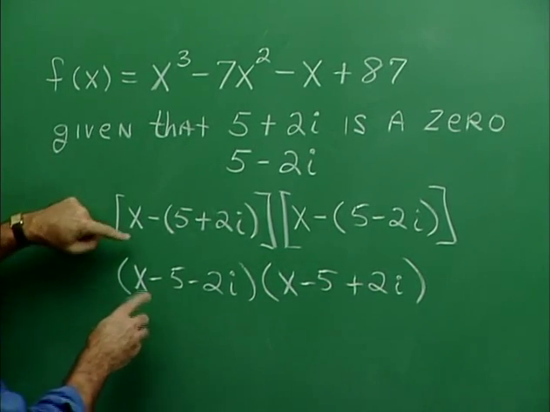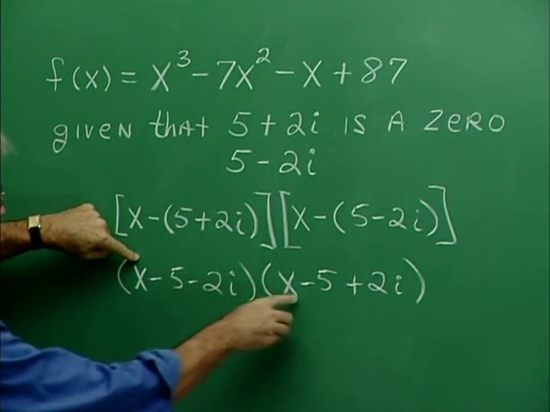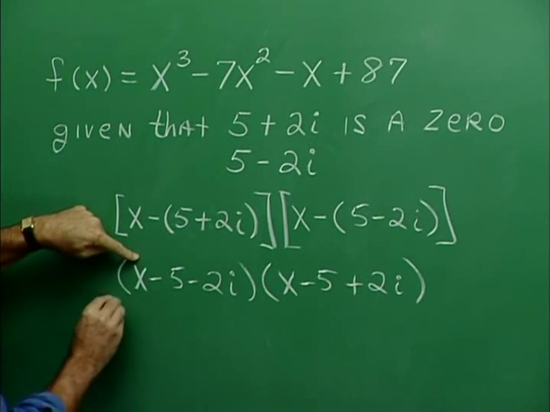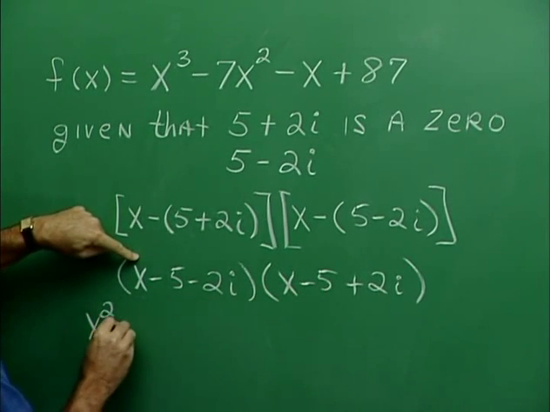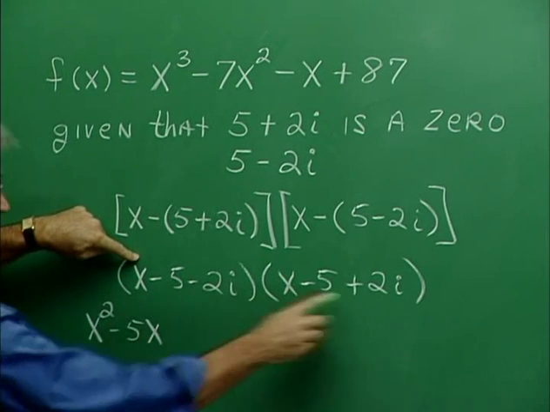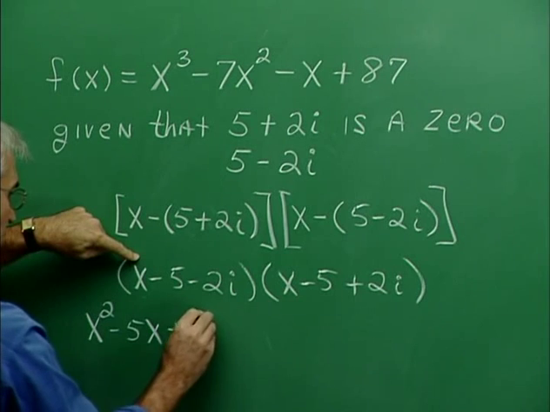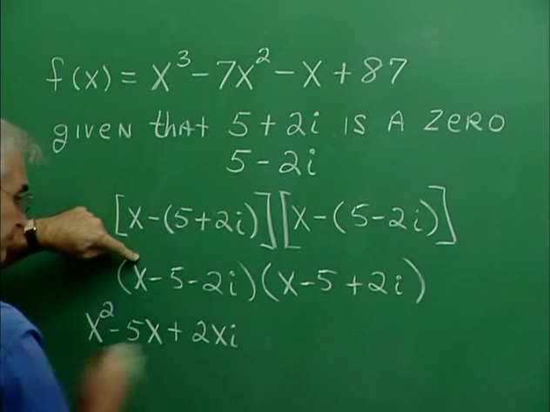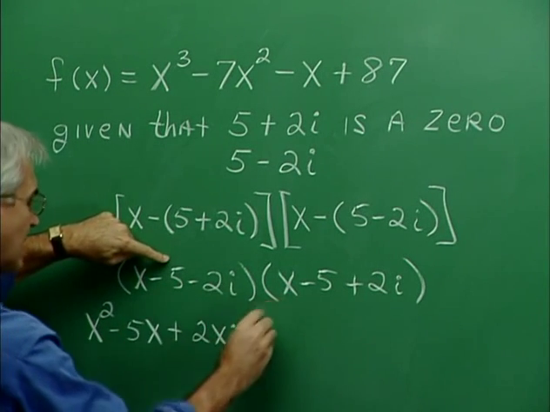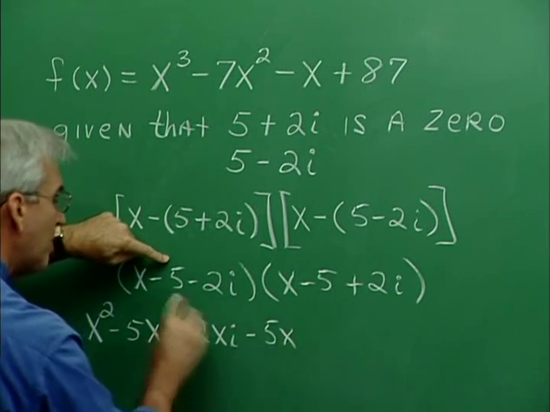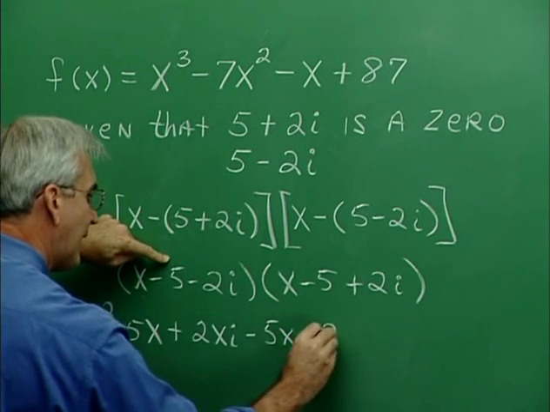So it's going to be a pretty long string of terms. x times x is x squared. Then x times minus 5 is minus 5x. x times 2i is plus 2xi. Then minus 5 times x is minus 5x. Minus 5 times minus 5 is 25.